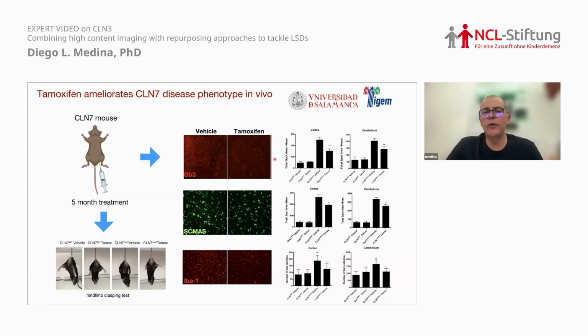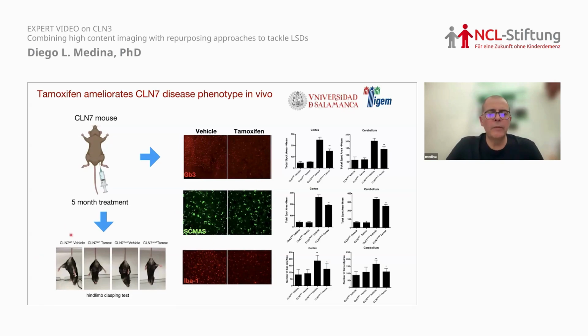And importantly, we found that tamoxifen treatment was able to reduce in the brain the accumulation of GB3 in several regions, such as the cortex, reduce the subunit C of mitochondrial ATP synthase, SCMAS, in the cortex and cerebellum, but also downregulate neuroinflammation using the microglia marker IBA1 in the cortex and cerebellum of tamoxifen-treated CLN7 mice.